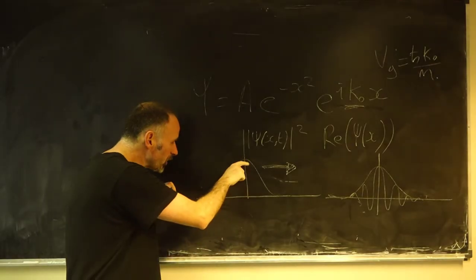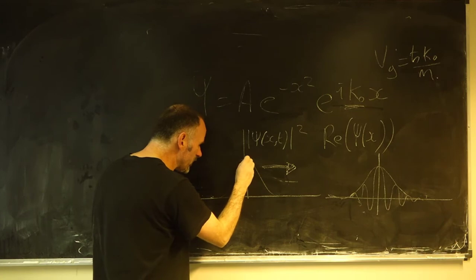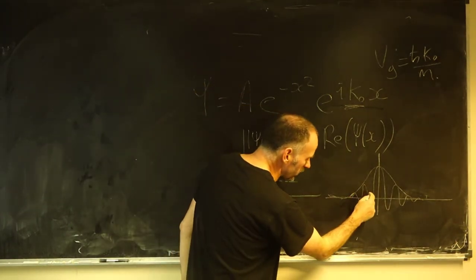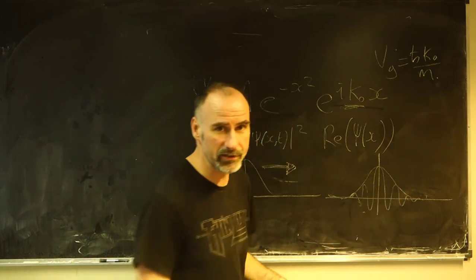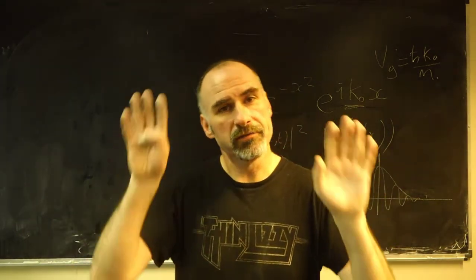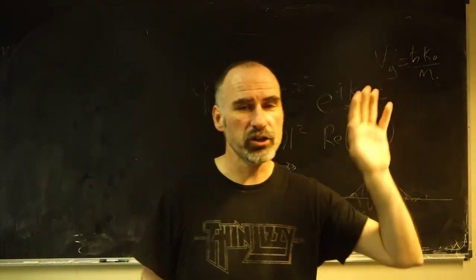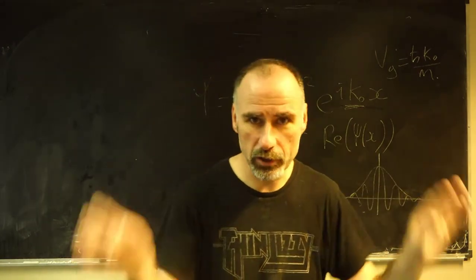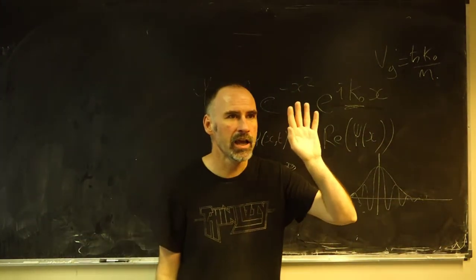Well, it's basically the velocity of this peak. It's the velocity at which the peak of the wave packet moves, as opposed to the phase velocity, which is the rate at which one of these ripples moves. And as we've discussed back in chapter 3, there's a whole video about group and phase velocity.